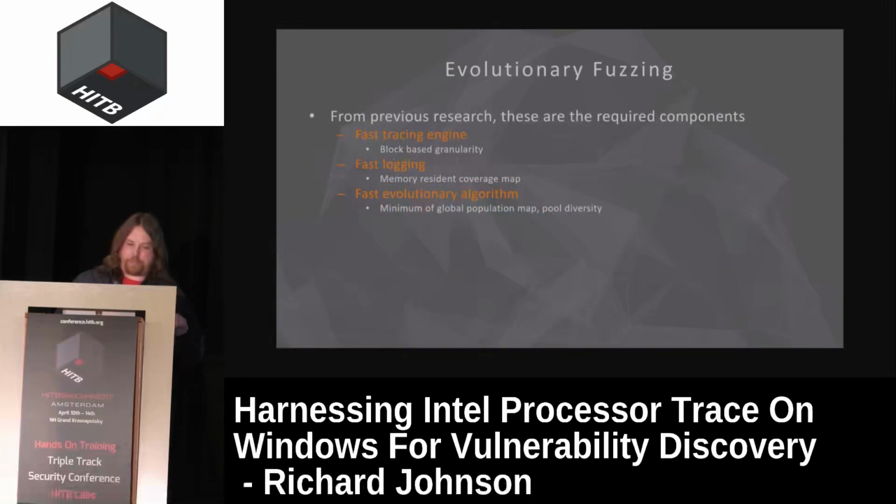It's interesting. From my last couple of years of talks, the required components in order to do this effectively is we need a fast tracing engine, obviously. The slower your tracing engine is, you can't execute many times a second. We need block-based granularity as opposed to something like function coverage. The early research in this space was Jared DeMott and the EFS evolutionary fuzzing system from like 2006 or so.